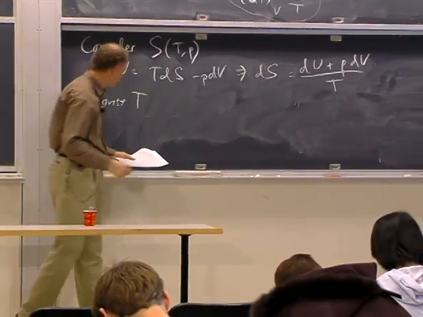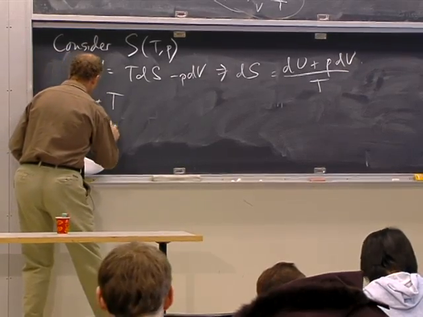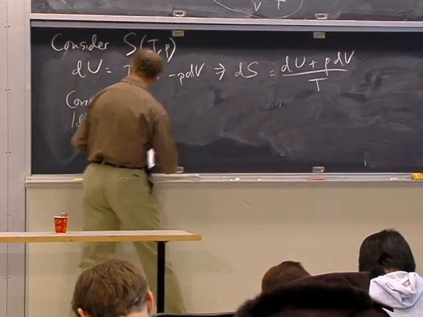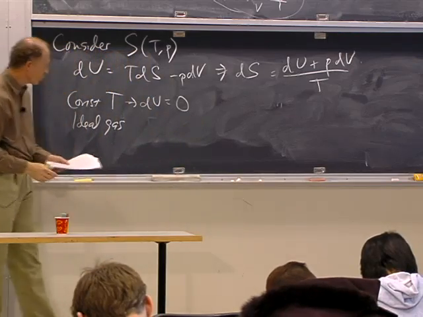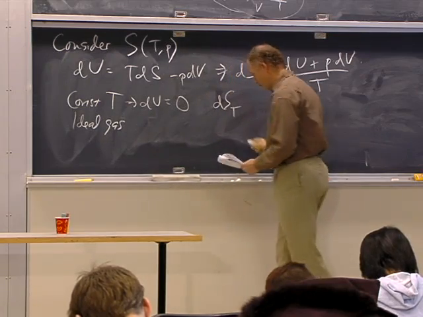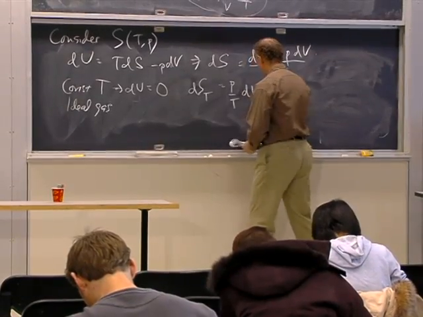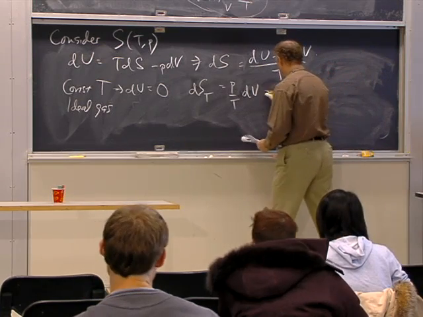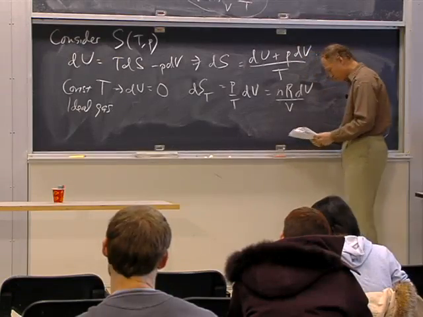I want to make it something as tractable as possible. Let's go to an ideal gas. Then at constant temperature, dU is equal to 0. So dS at constant temperature is just P over T dV. In the case of an ideal gas, that's nR dV over V.